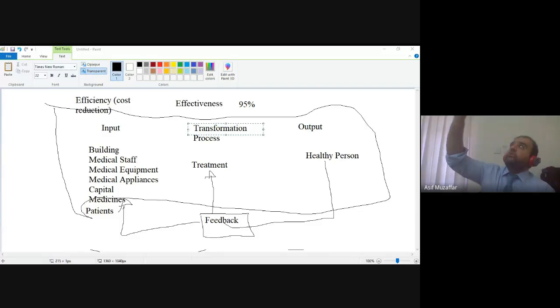I came to know the light intensity in my factory is not good. So I will increase the light. This will increase the efficiency. Now workers will work fast and without defects.